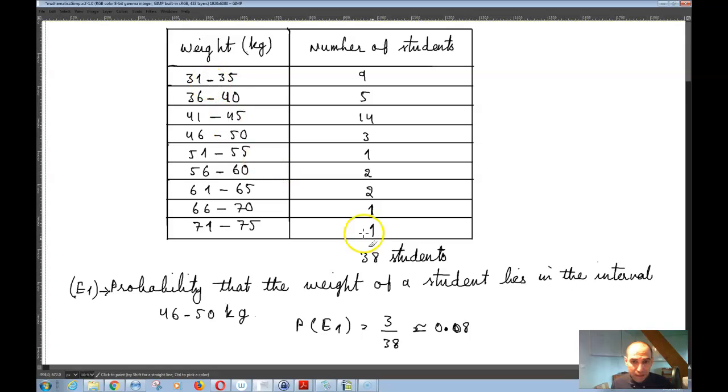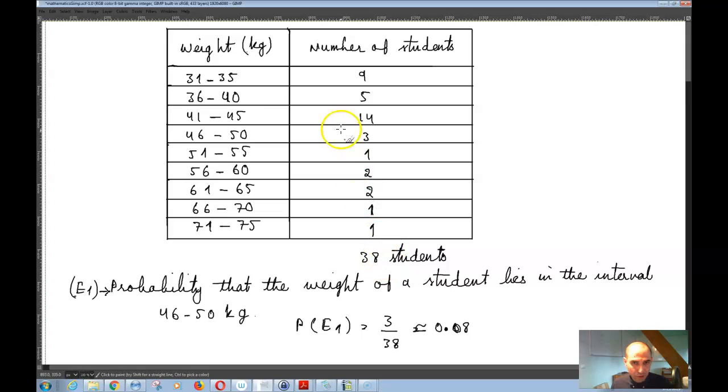For example, I can say the probability of the event that a student weighs 30 kilograms. The information that I have here is strictly about 38 students, and all of these 38 students have been put into these groups.